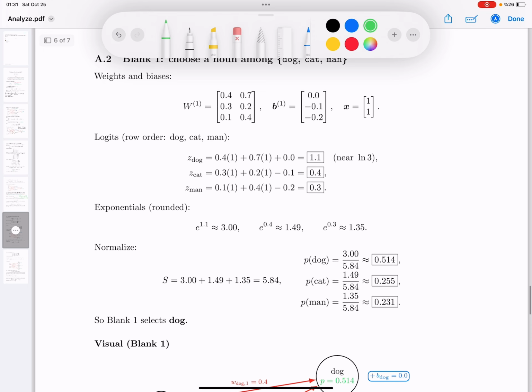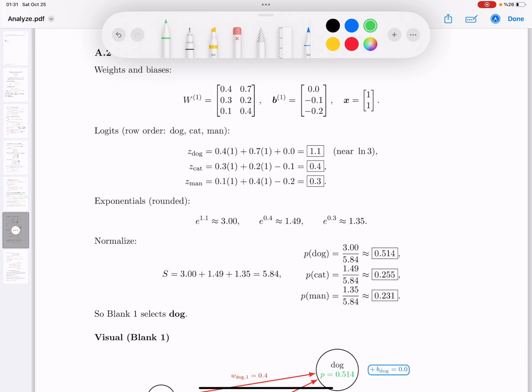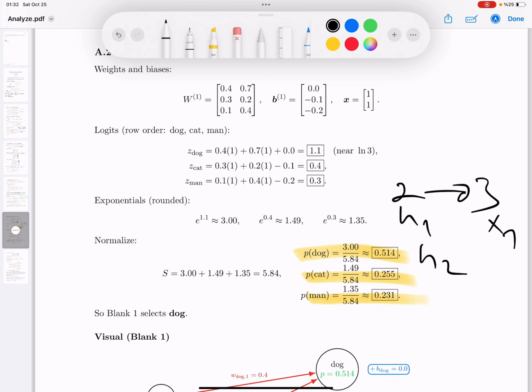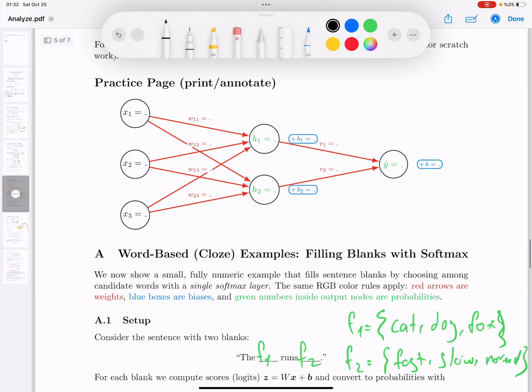And here are all the weight-based calculations, like the mathematics I showed above, and now we see that we get 3 outputs because it was 2 to 3. We say p dog, p cat, and so on.